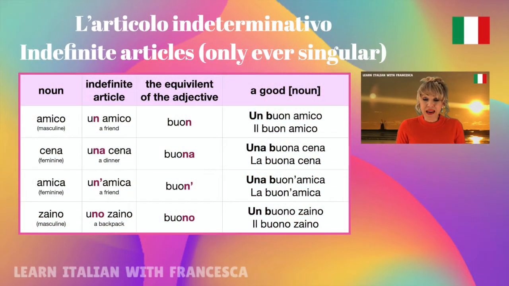You agree the indefinite article with what follows it immediately. In this case, the word buon, buona, buono. So we agree the indefinite article in number and in gender with this word. And now, what immediately follows the indefinite article is a word beginning with B. Buono, buona, buon.